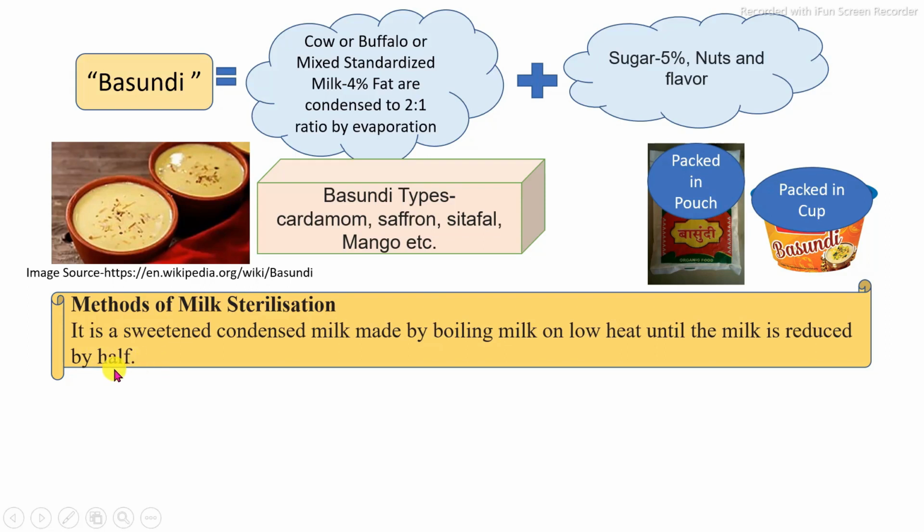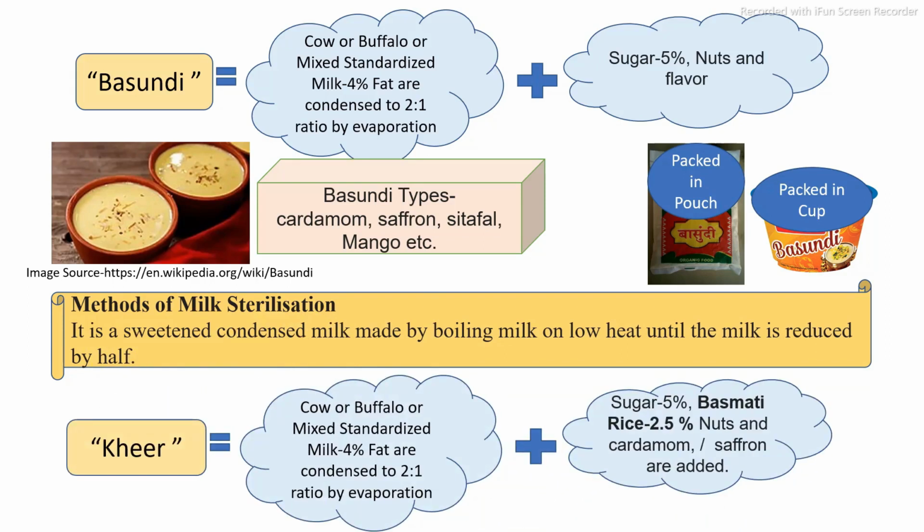The second term is kheer. The basic difference is that during the preparation of Basundi, if we add 2.5% basmati rice, then finally this product is called kheer. All remaining processing parameters are the same as in the Basundi production process.